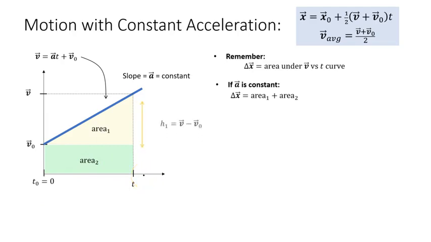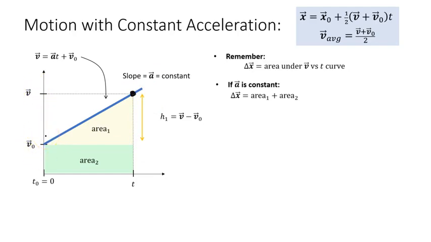Okay, so first of all, the height of my triangle is going to be my final velocity. That's the maximum height on my graph right at this time t. So that's this point right here. That's going to be V minus V naught, right? So that's the distance defined by this yellow arrow because I need the distance between V and V naught.